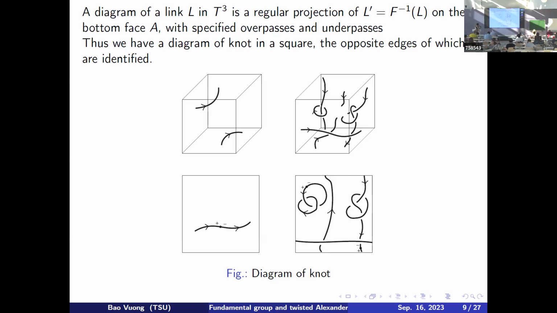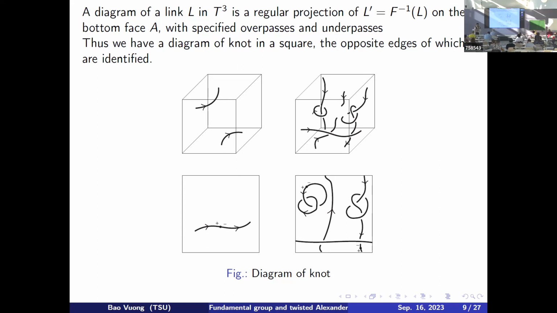Then we get a diagram that looks like it is inside a square. In the picture, I think it is clear what we get after the projection.